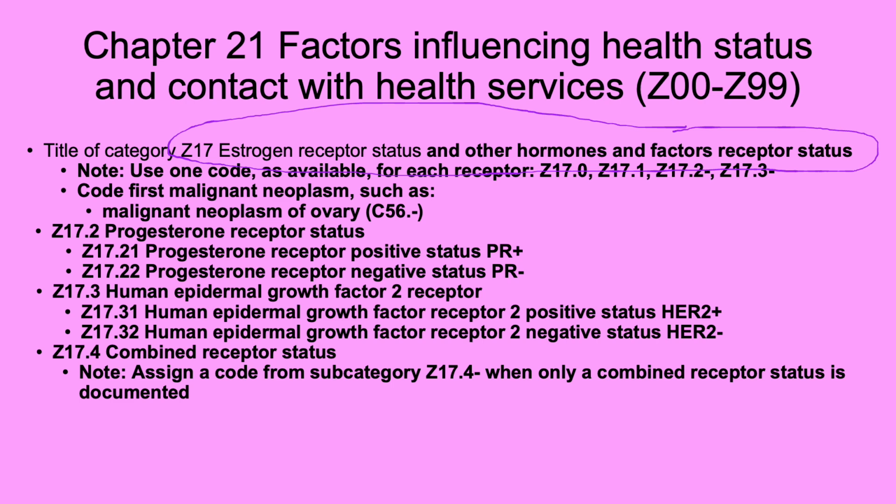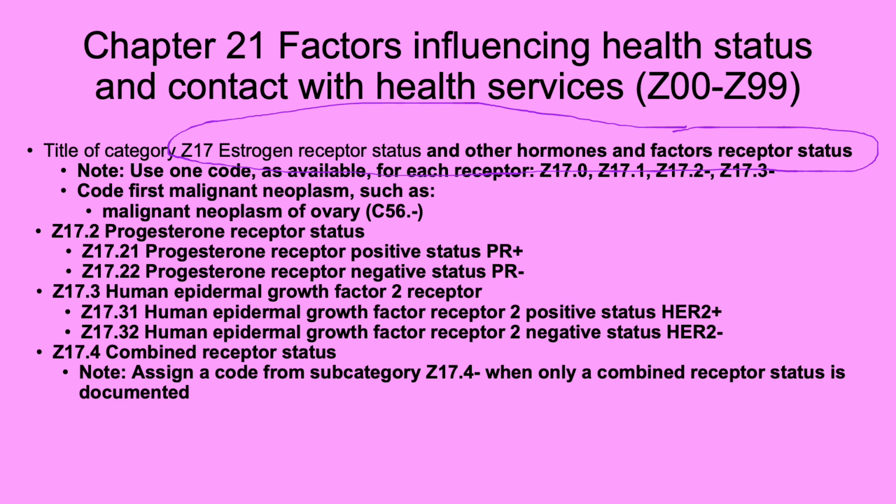Z17.0, Z17.1, Z17.2, Z17.3. Okay, so you're going to code very specific. Also in notes says code first malignant neoplasms such as malignant neoplasm of ovary. So you're going to code as many receptors as are documented, and then you're going to code first the neoplasm that's related to the estrogen receptor.